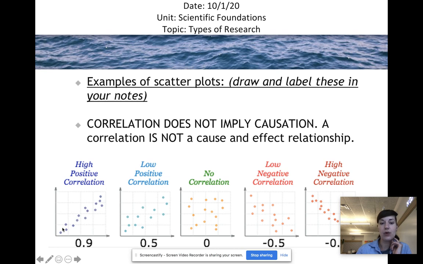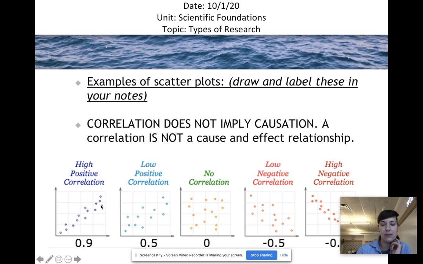It means that they're both rising at the same time, right? So as we come further out on the x-axis, we also come further up on the y-axis. You might also see a low positive correlation. This is where there's kind of a relationship, but if you were to draw the line of best fit here, you would miss most of the points.